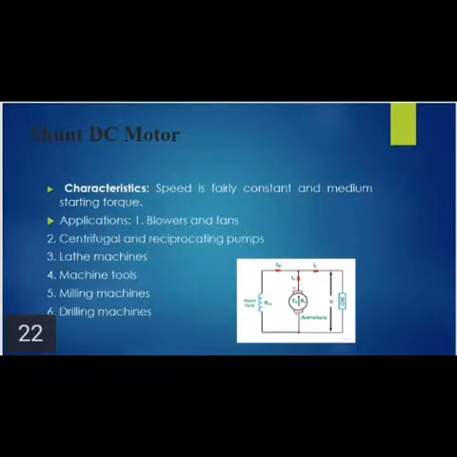Shunt DC motor characteristics: speed is fairly constant and medium starting torque. Applications: first, blowers and fans; second, centrifugal and reciprocating pumps; third, lathe machines; fourth, machine tools; fifth, milling machines; sixth, drilling machines.